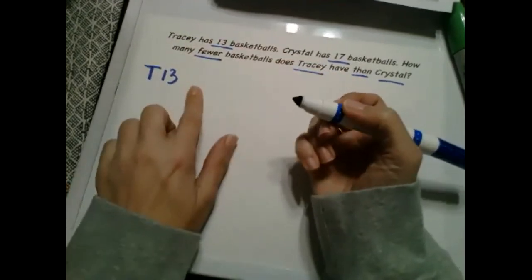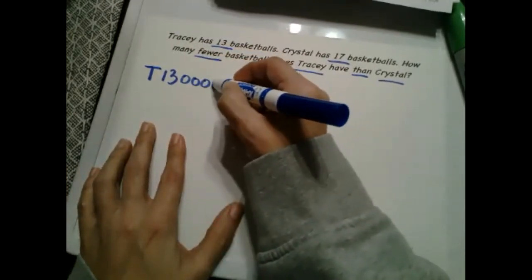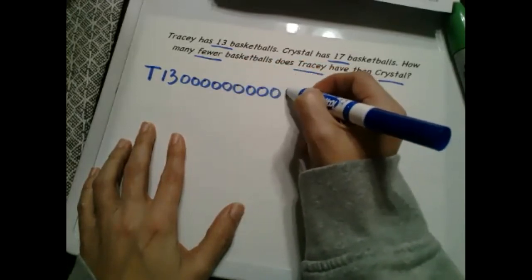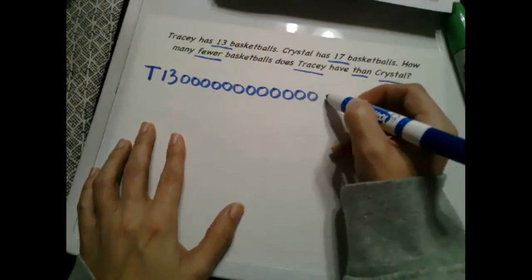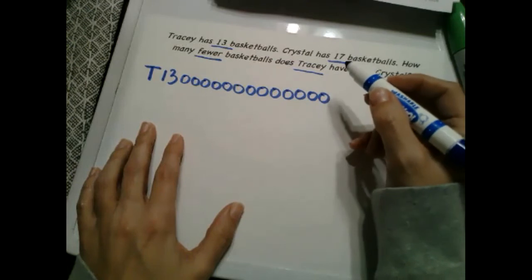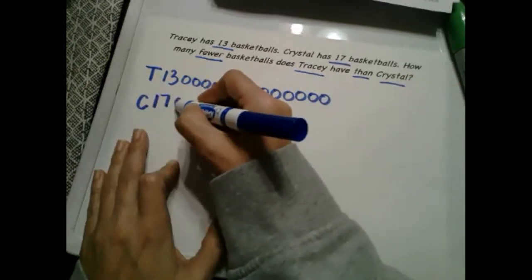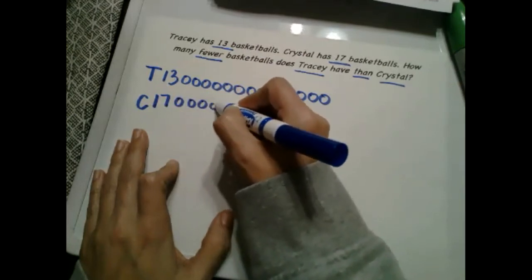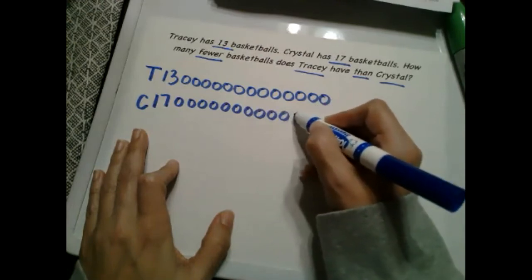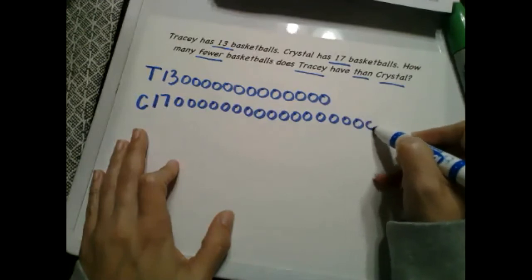So I'm going to show her 13. 1, 2, 3, 4, 5, 6, 7, 8, 9, 10, 11, 12, 13. And I'm going to show Crystal's 17. 1, 2, 3, 4, 5, 6, 7, 8, 9, 10, 11, 12, 13, 14, 15, 16, 17.